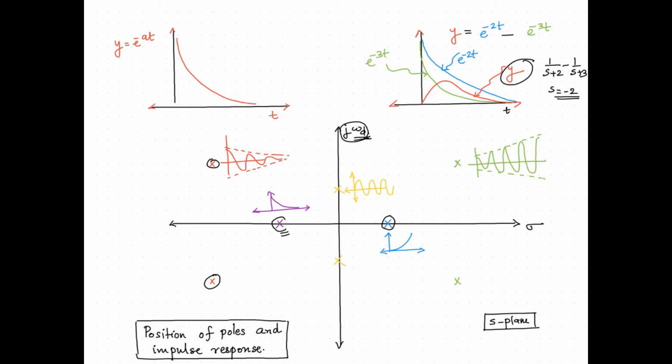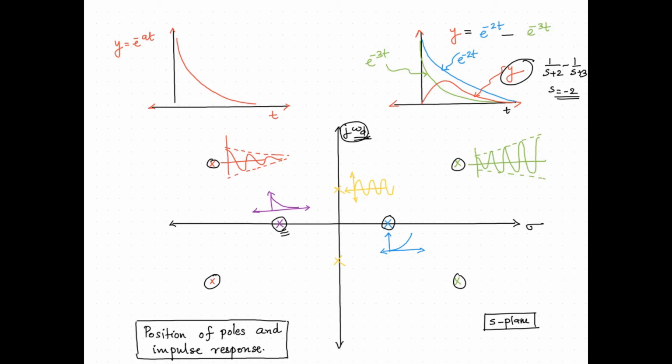And if you consider a pole with no frequency part, that is with no imaginary part, then oscillations will be absent. But since it has negative real part, there will definitely be an exponentially decreasing function as the response. And now if we move to the right side, we can see that the real part will be positive. And hence we have exponentially increasing response for poles with positive real parts.